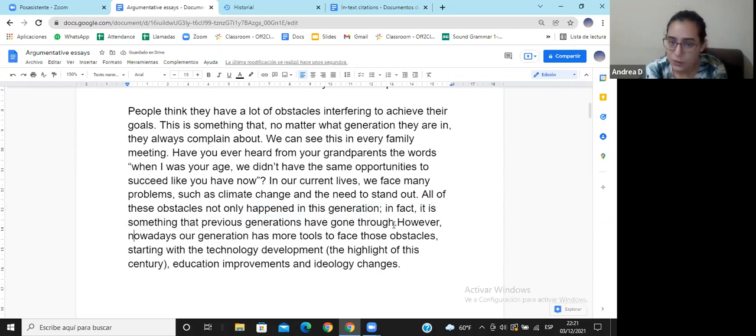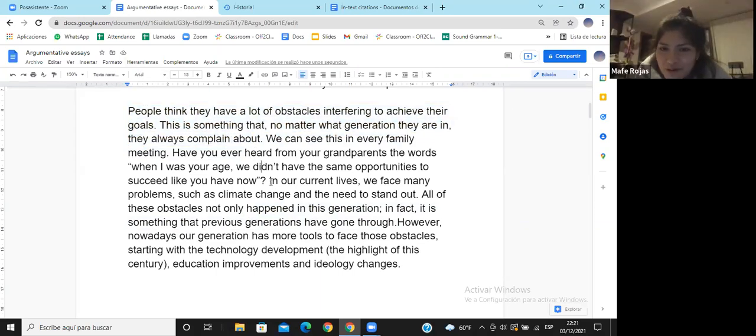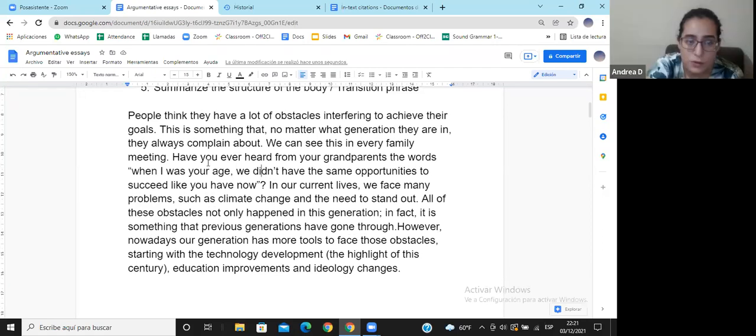I think the structure is pretty great. So you have the hook, the importance of the matter, the context. Can we put colors in all parts, please? Yes, of course.